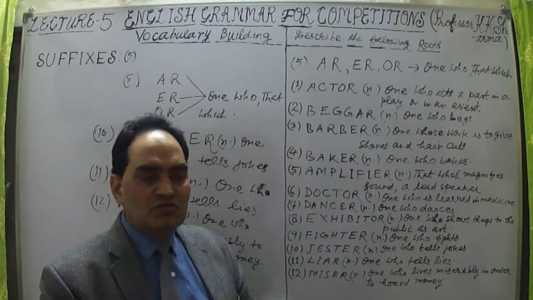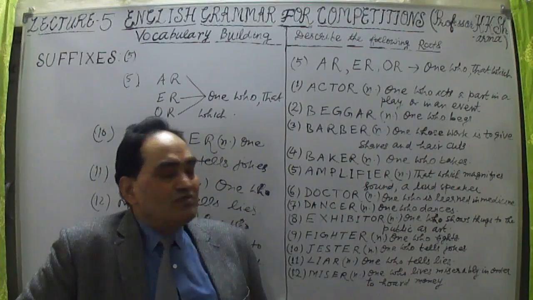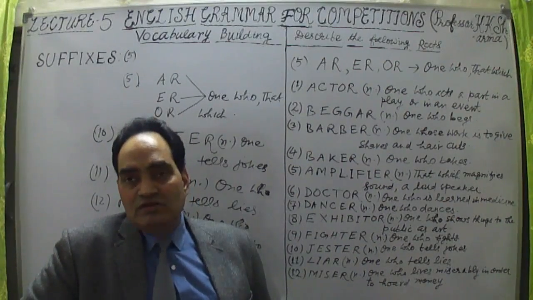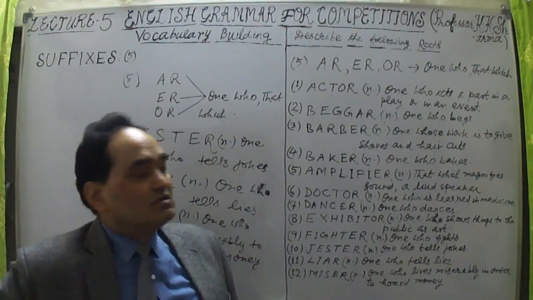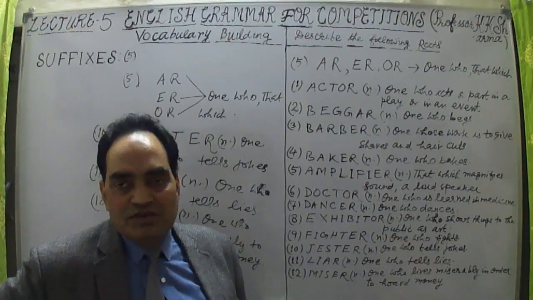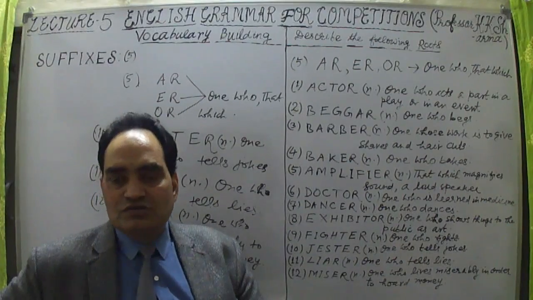There is no limit of nouns in this case because AR, OR, ER is going to give you a very wonderful source of words. That will enhance your vocabulary by thousands of words, lakhs of words you can say. So that is the wonder of this suffix. I am taking these suffixes just to tell you the importance of prefixes, suffixes and roots.